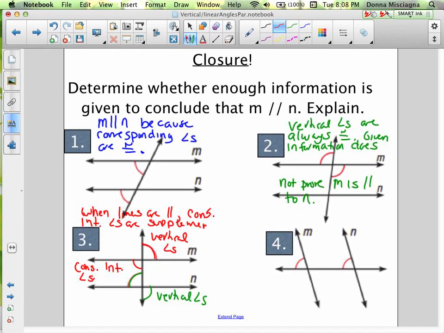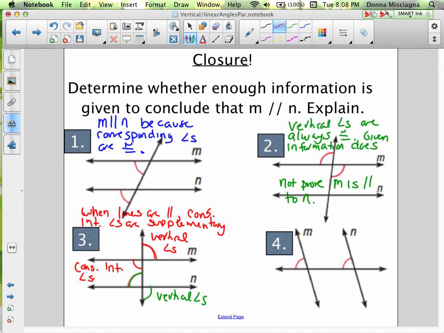So they have to add to 180 degrees. But they're marked as congruent. So the only way for those to be both congruent and supplementary is if those angles were 90 degrees.